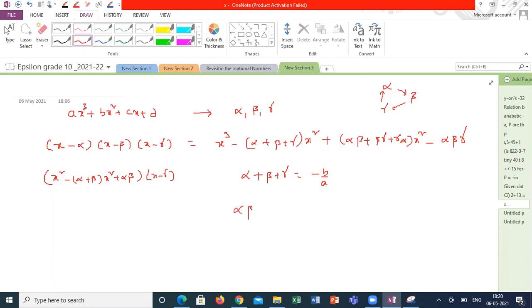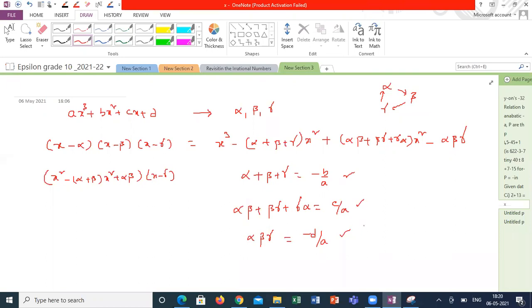That is alpha beta plus beta gamma plus gamma alpha is equal to c by a. The next one is alpha beta gamma, that is minus d by a. So first one is negative, second one is positive, third one is negative. This is a pattern we can see for the cubic equation.